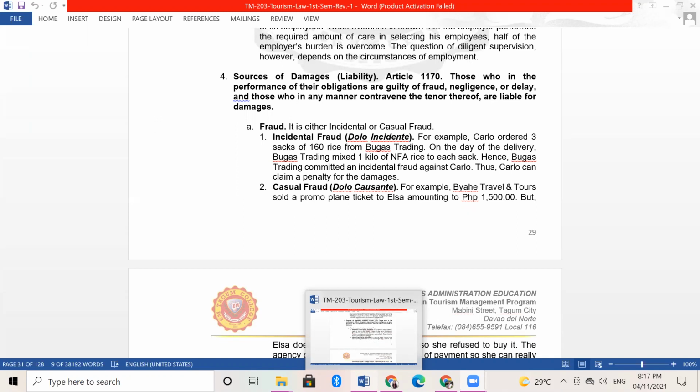So they created a contract requiring Elsa to pay a down payment of 500 pesos and pay the remaining balance in 2 months. However, on the day of her flight, she found out that she was not actually booked on that flight and the ticket was actually fake.